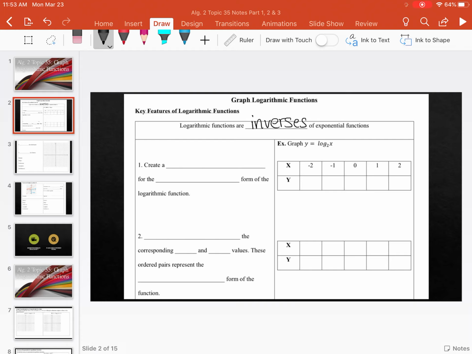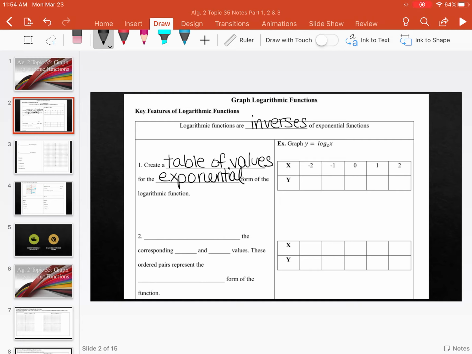So if we were asked to graph y equals log base 2 of x, we're first going to create a table of values for the exponential form of the logarithmic function.